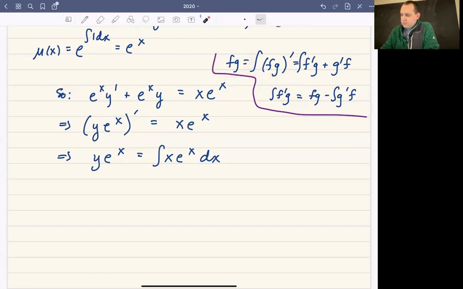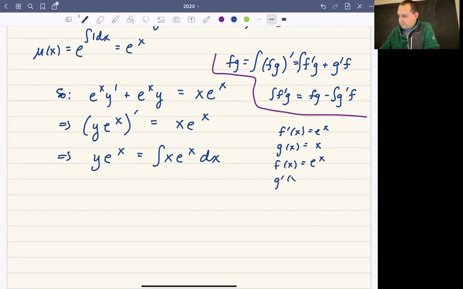So that's how this is going to work. What's the thing that we want to integrate, and what's the thing that we want to differentiate? Of course, the thing that we want to integrate is e to the x, and we want to differentiate x so that the powers of x come down. So our f prime is going to be e to the x, and our g is going to be x, which means that our f is also e to the x, because the derivative of e to the x is itself.